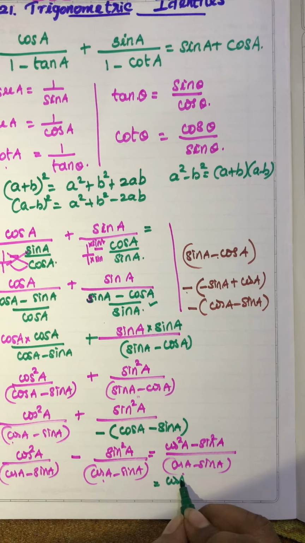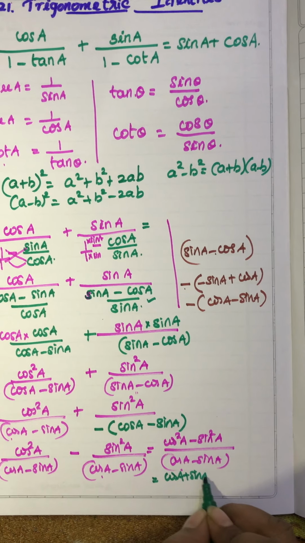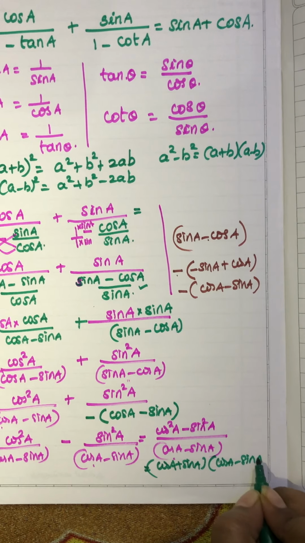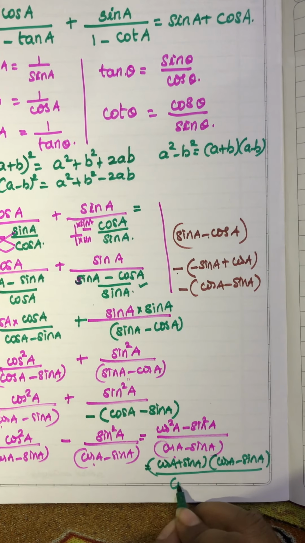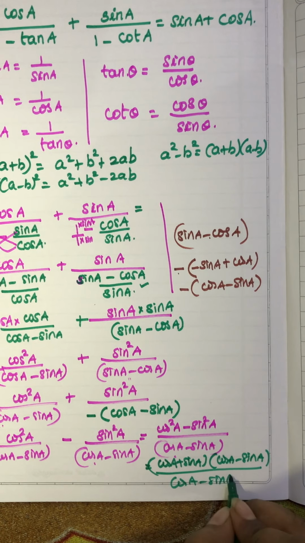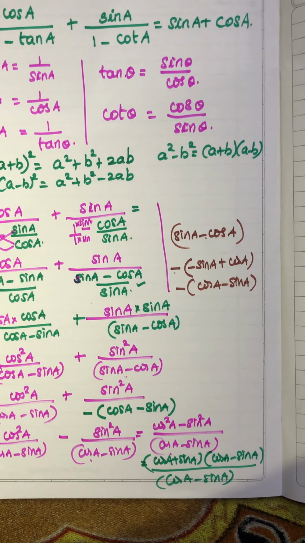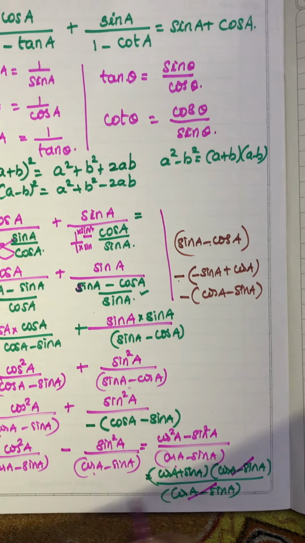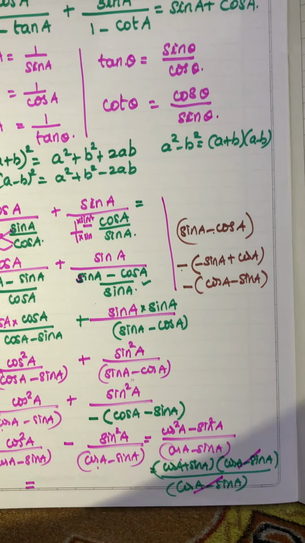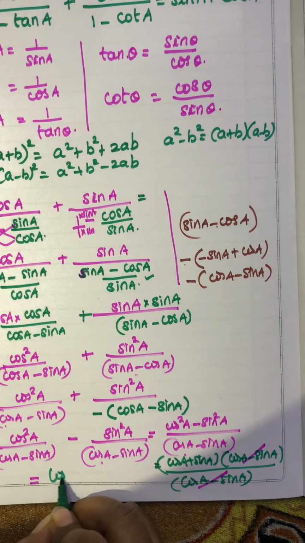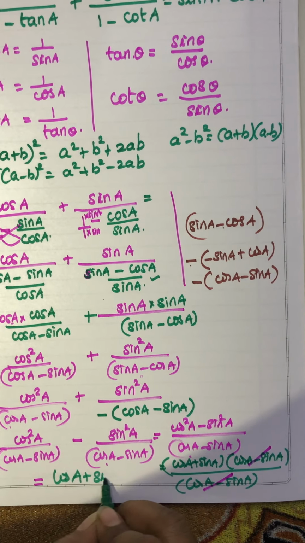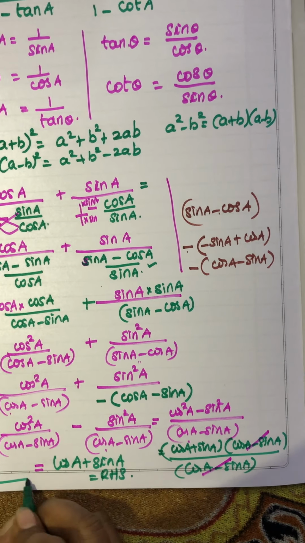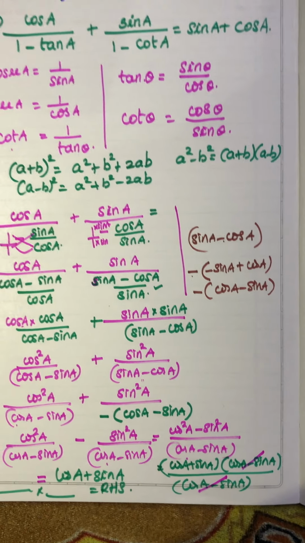Cos A. So cos A plus sin A and cos A minus sin A. The denominator already has cos A minus sin A, so we can cancel this. Finally we get cos A plus sin A. So that is our RHS. Okay, students, that's all. We got our RHS.